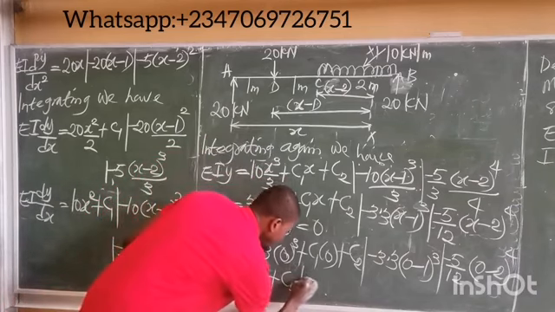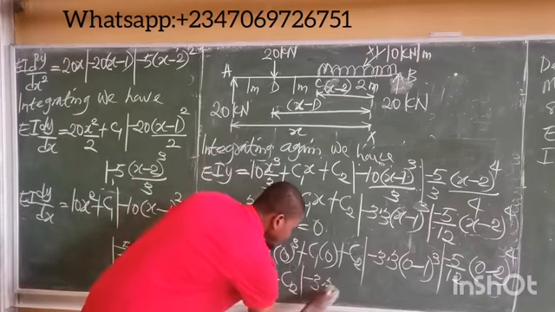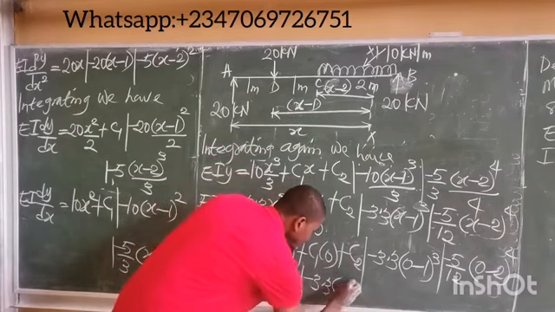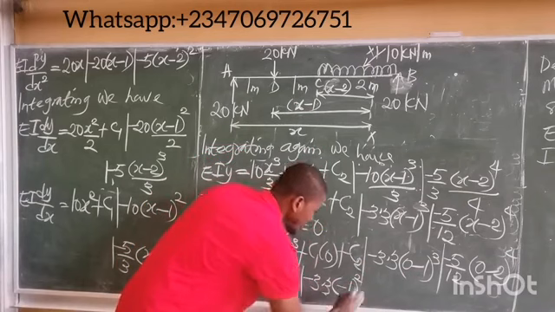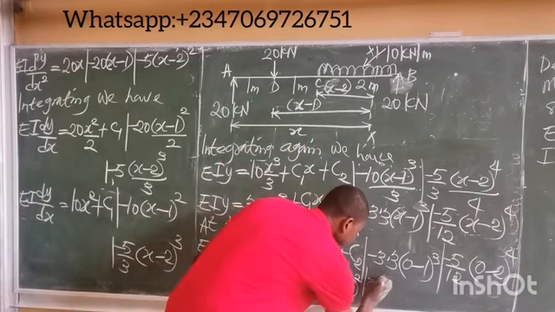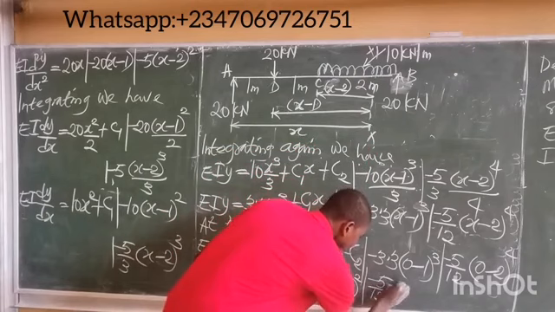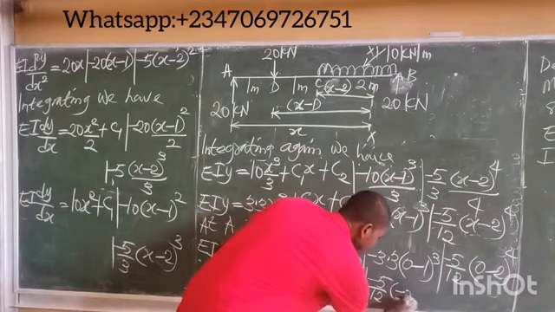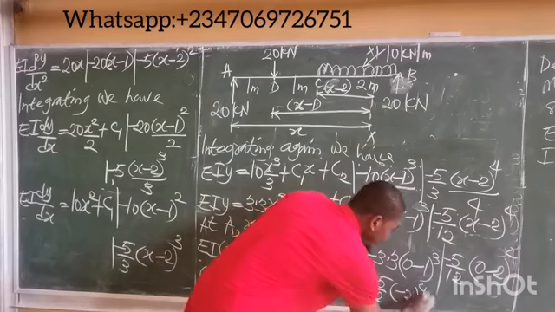Here I have minus 3.3 into 0 minus 1, which simply gives me minus 1 to the power of 3. Put down your Macaulay's bracket. Here I have minus 5 over 12 into 0 minus 2, which simply gives me minus 2 all to the power of 4.